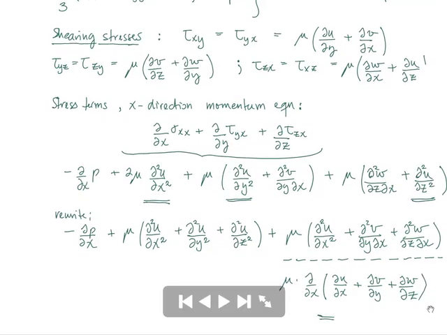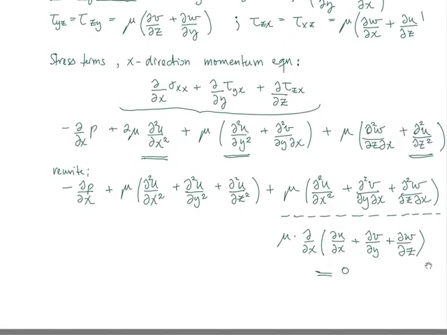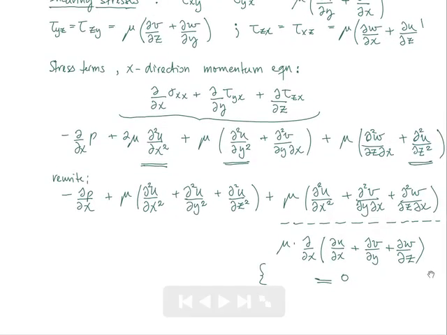Now, with incompressibility, this is equal to 0, because of incompressibility. Which means that we're only left with the gradient of the pressure and this term involving second order derivatives of the first component of velocity.